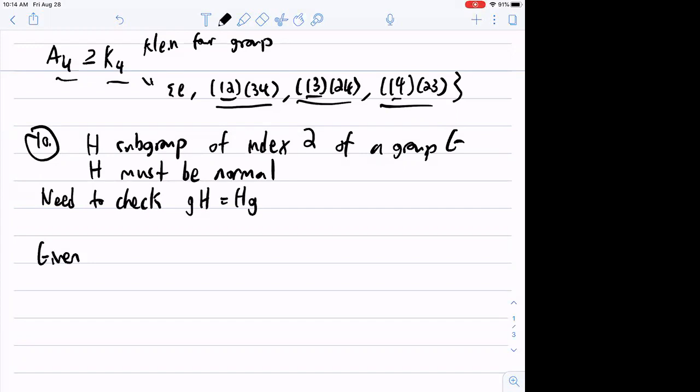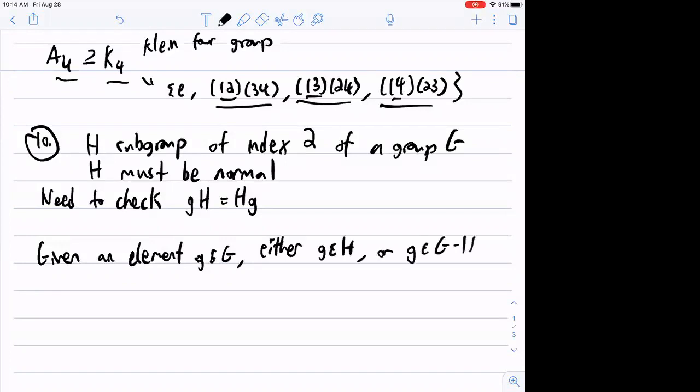So given an element g in G, you have 2 cases: either g is in H or g is in G without H. We're not using any fact about index 2 yet.